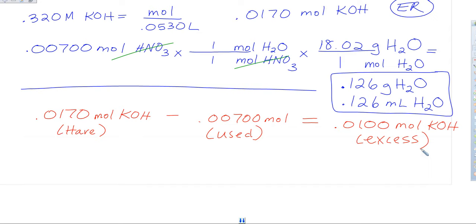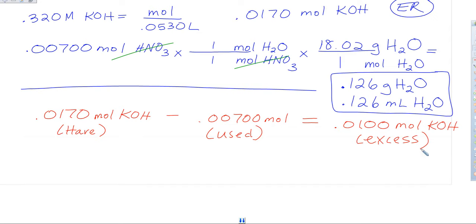All right, so now here's the part where I usually see the most common errors. We got the amount in excess. It wants to know the concentration. Concentration means molarity. Okay, so we got the moles. We just got to go moles per volume, right? Moles per liter.